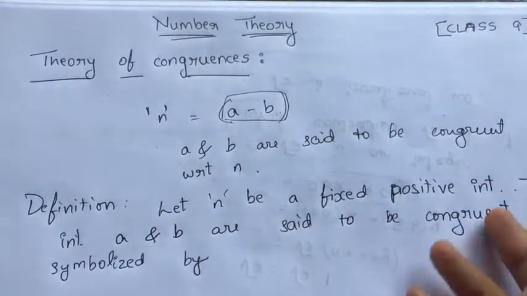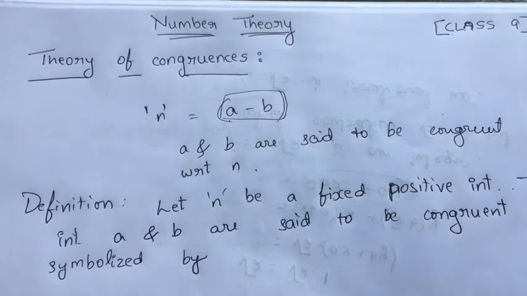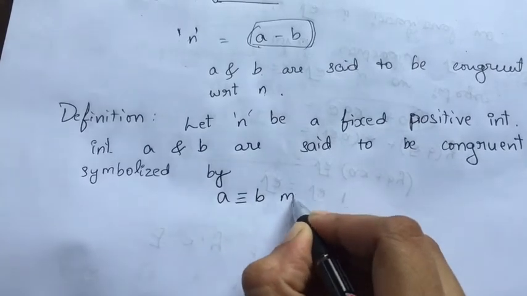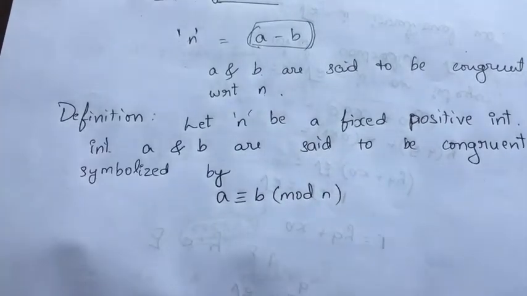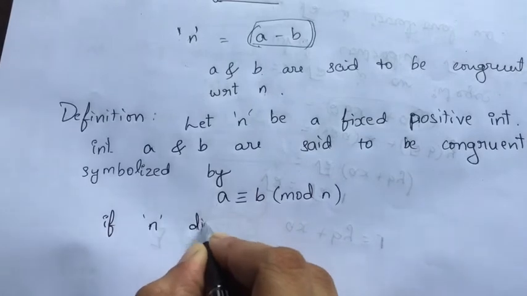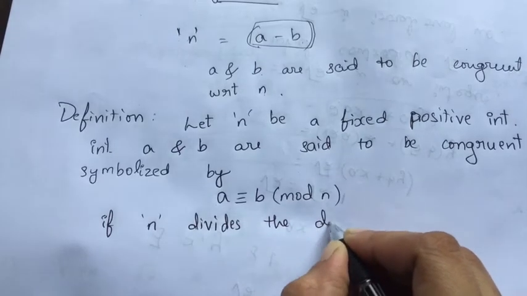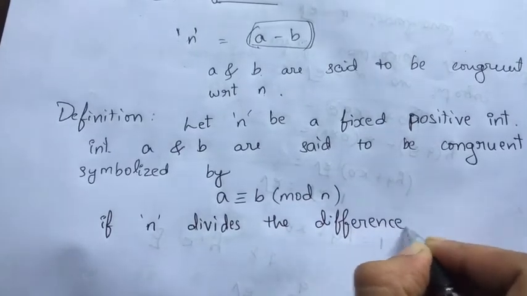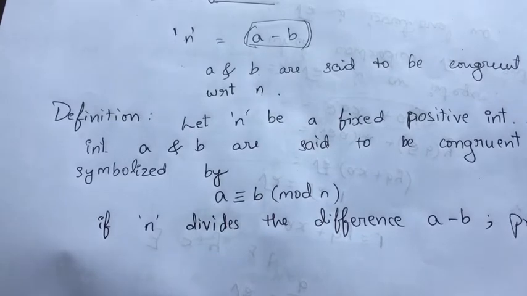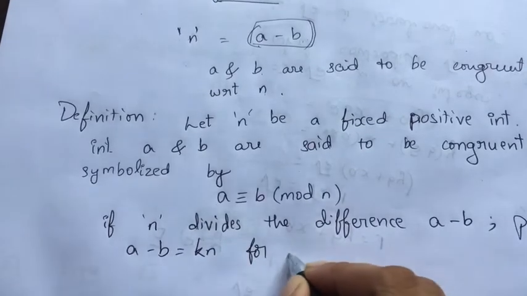let n be a fixed positive integer. Two integers a and b are said to be congruent modulo n, written as a ≡ b (mod n), if n divides the difference a minus b, provided a minus b is equal to k times n for some integer k.